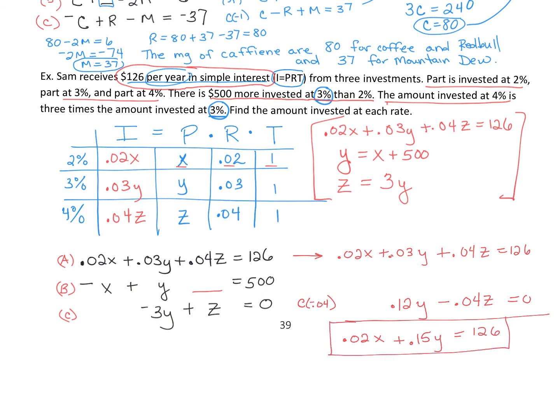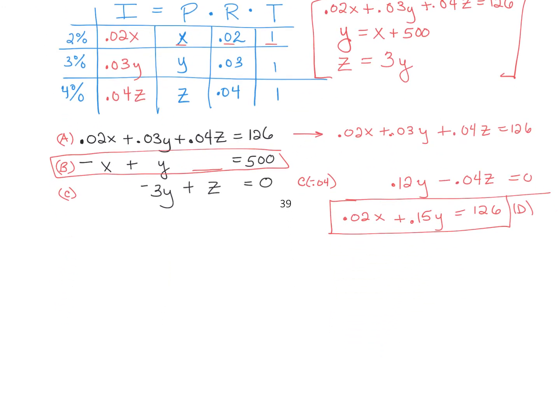So I now have this equation, which I'm going to call D, and then this middle equation, and they are both in x's and y's. So if I put those two together, let's write down B again. Minus x plus y equals 500. And D, which is 0.02x plus 0.15y equals 126. And I want to eliminate something. I'm going to eliminate the x's.